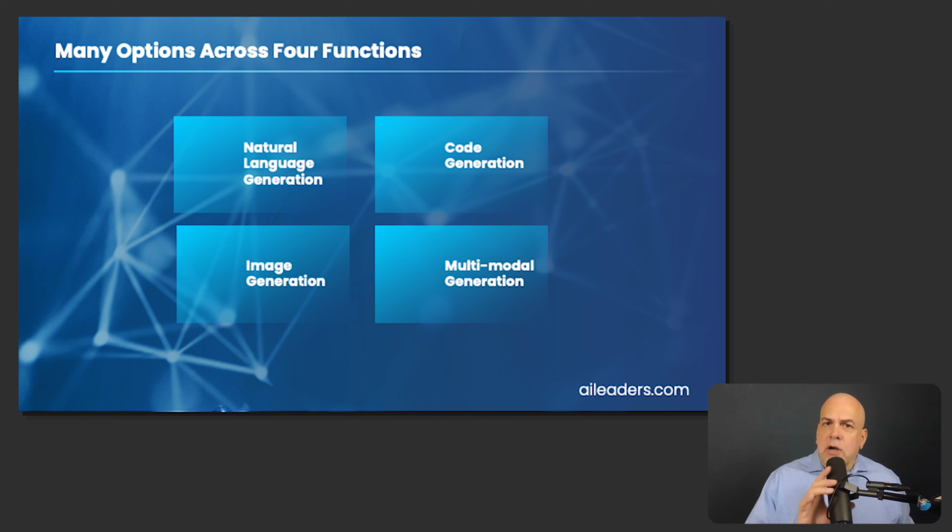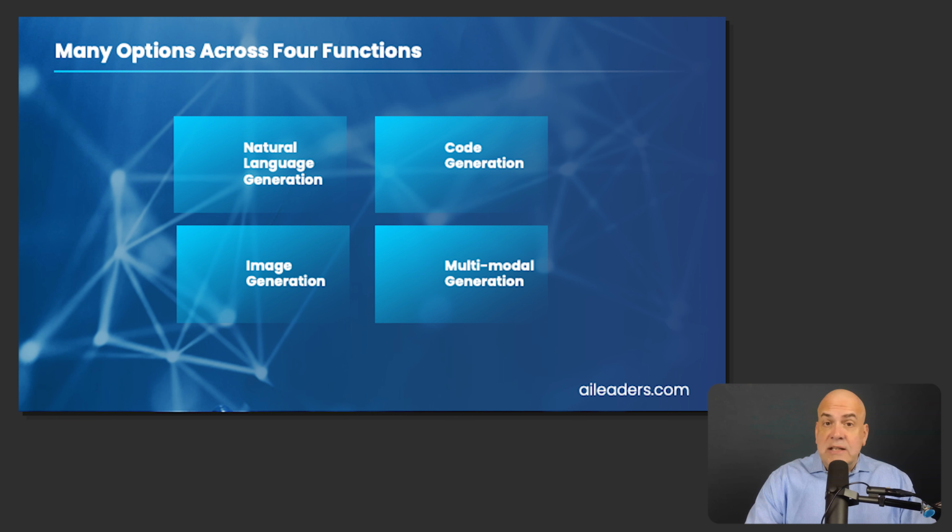So to start, think of 4 functions that the large language models can address. These generative AI capabilities can address them. There's natural language generation, software code generation, image generation, and then multimodal.